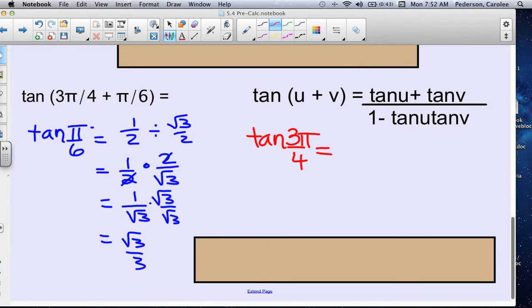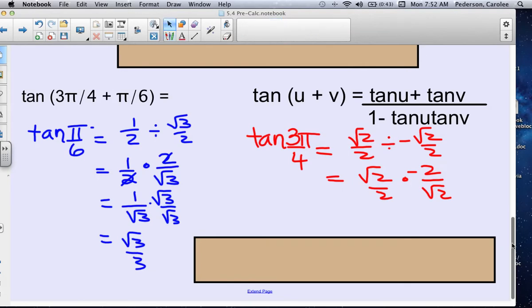So now we take sine over cosine, square root of 2 over 2, divided by negative square root of 2 over 2. Change it to multiplication, and flip it. And what cancels out are the square roots of 2, the 2 and the 2, and we're left with just negative 1.